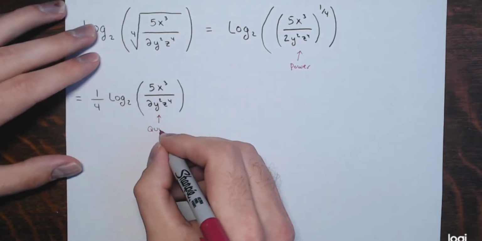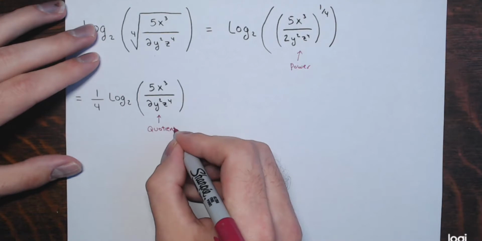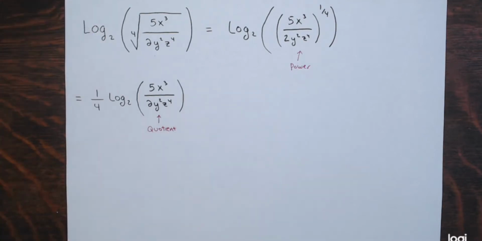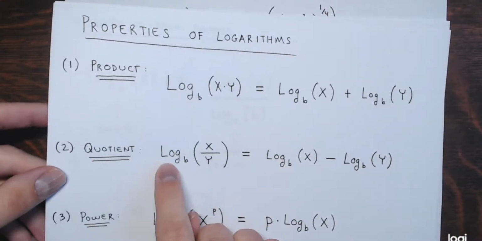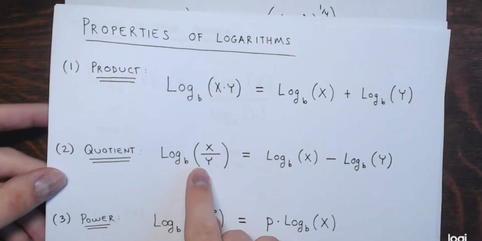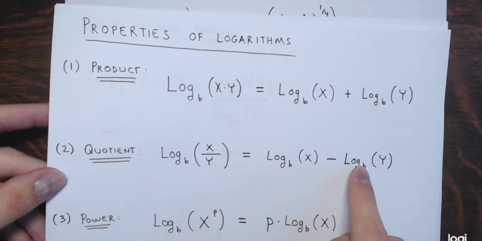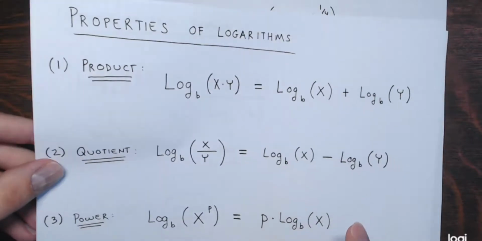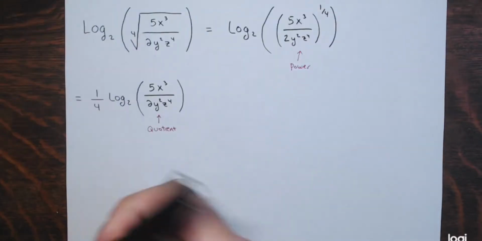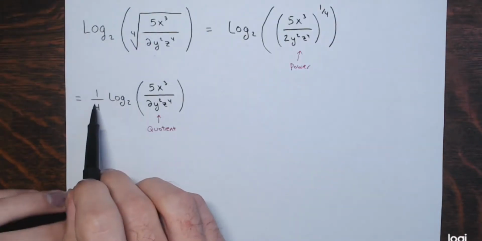So I'm going to be using the quotient property here. Now, just as with the product property in the last example, be careful. The quotient property turns one log into the difference of two logs. So something with one term into something with two terms.